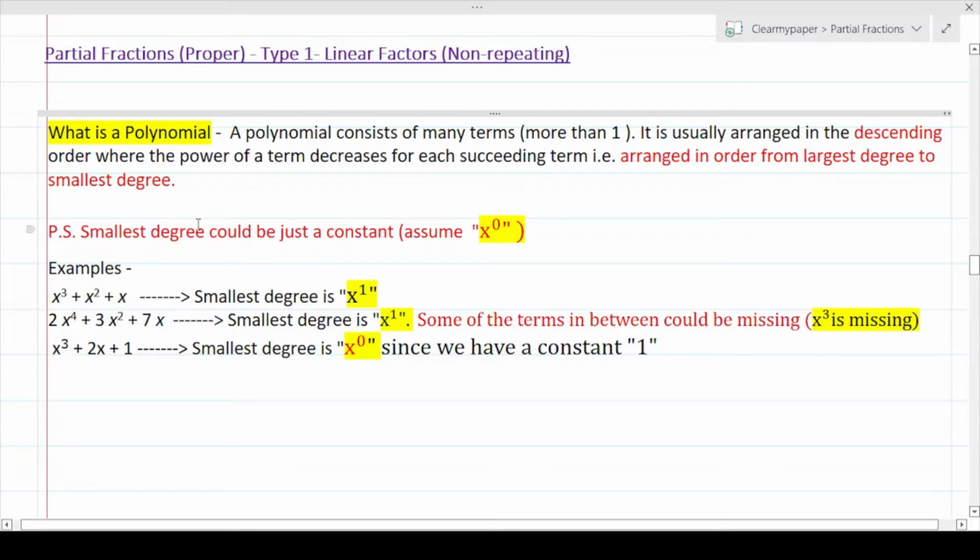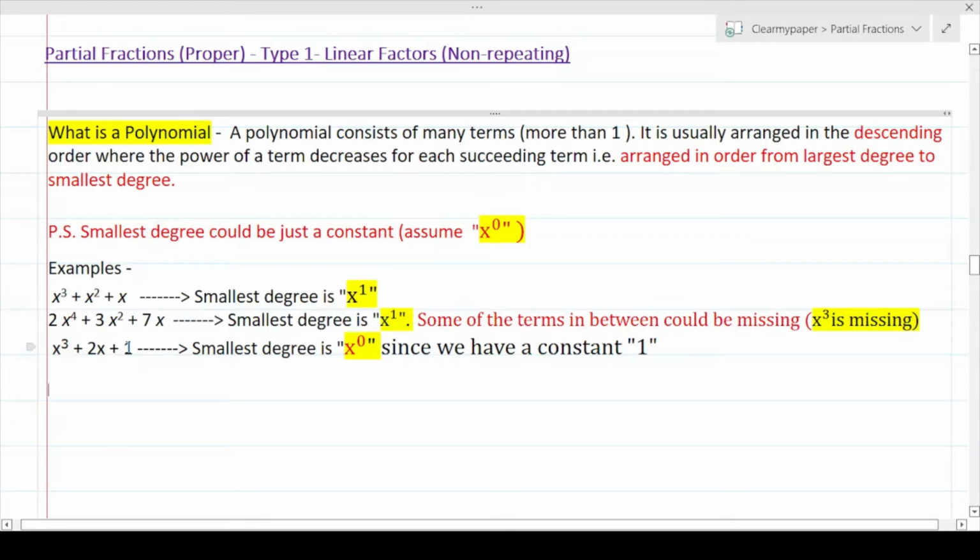That's what we do in the standard form of a polynomial. And the smallest degree could be just a constant. For example, in this last example, the smallest degree is a constant, because a constant can be thought of as a term multiplied by the variable x to the power 0, because anything to the power 0 is 1.